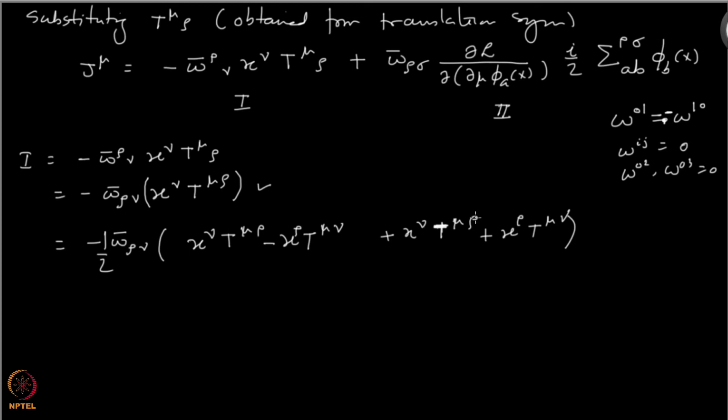So if you interchange rho with nu, you get this piece. And as I said, because omega bar rho nu is antisymmetric, this will just kill it. And I will drop that part. Not drop, but it's not there. And you will see immediately why this was important.